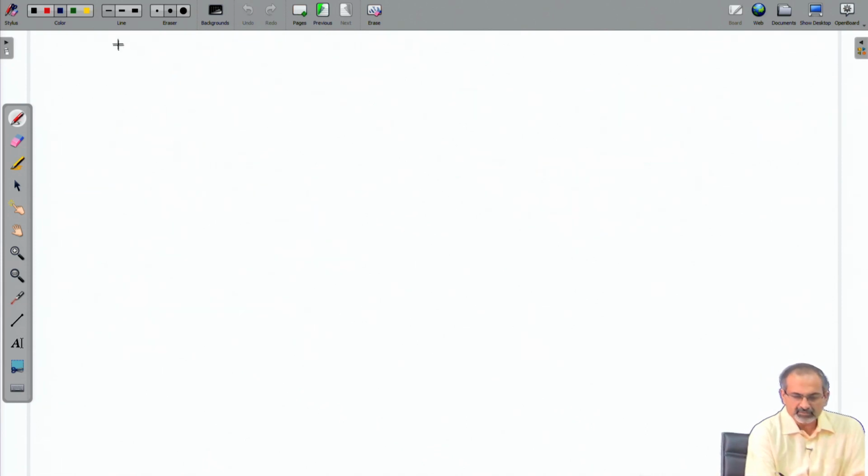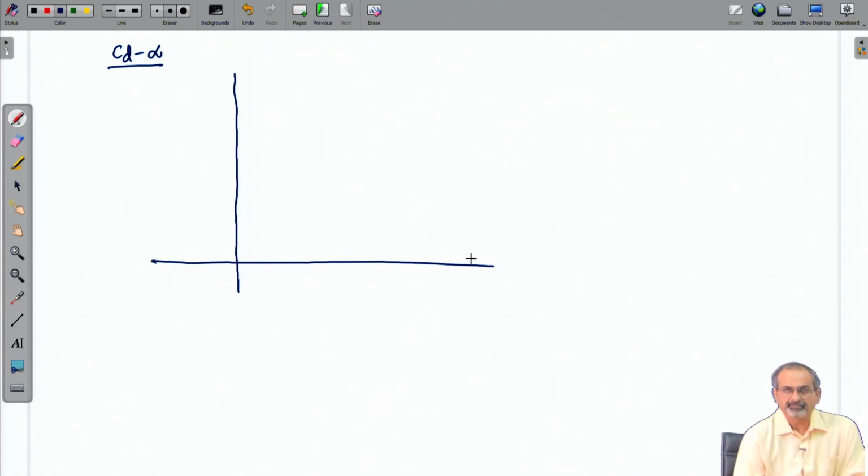Next, let us look at drag coefficient, how CD versus alpha would look like. So, now let us plot CD on the y axis and alpha. Of course, we are plotting it in degrees.